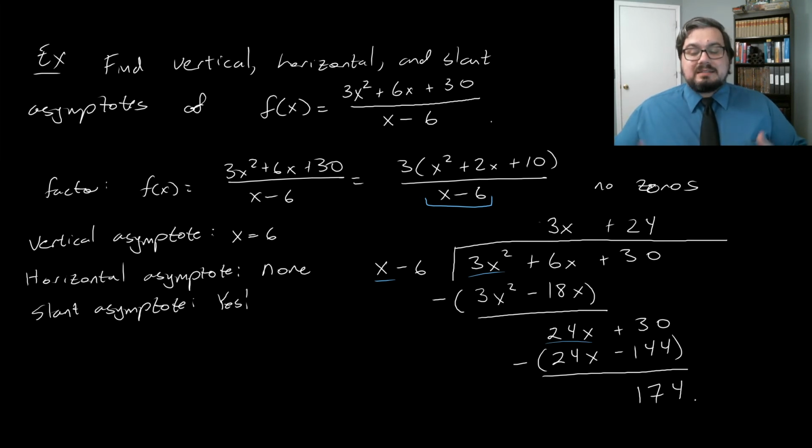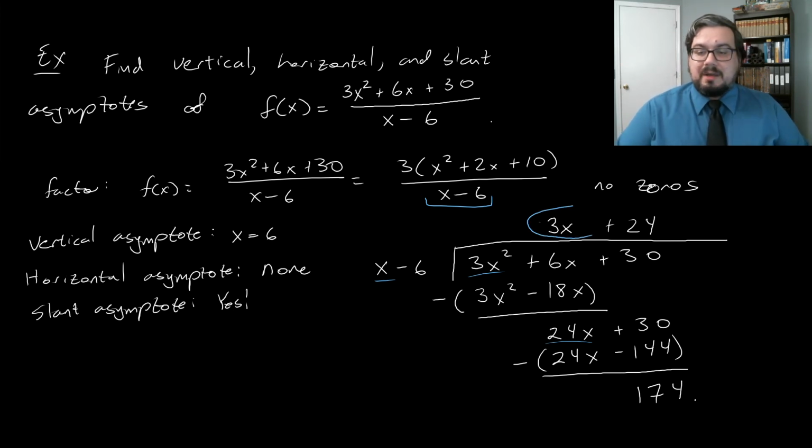Now, as we did last time, there are lots of things that we can say based on this. We can say that 3x squared plus 6x plus 30 is equal to x minus 6 times 3x plus 24, plus 174. Or we can rearrange that in a number of different ways. But for our purposes, we just care about the quotient.